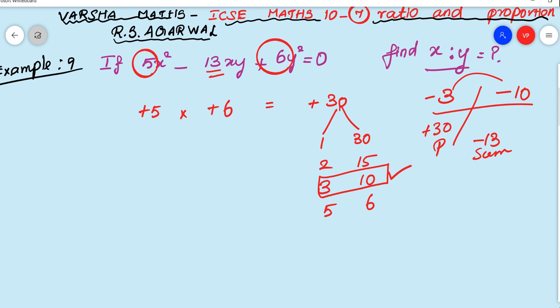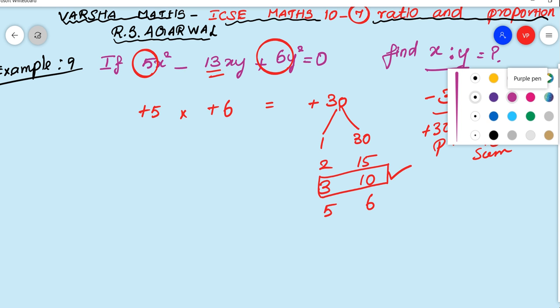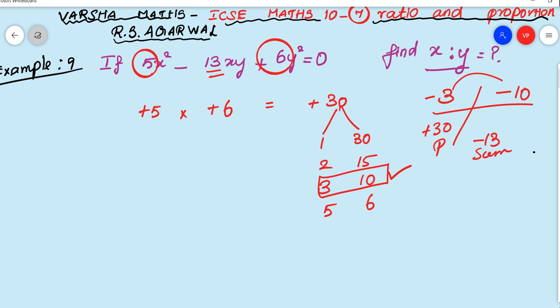So we can split the middle term into minus 3xy and minus 10xy. Now go to the problem: 5x². What is the middle term? That is 13xy. So 13xy can be written as minus 3xy minus 10xy, plus 6y² equal to 0.